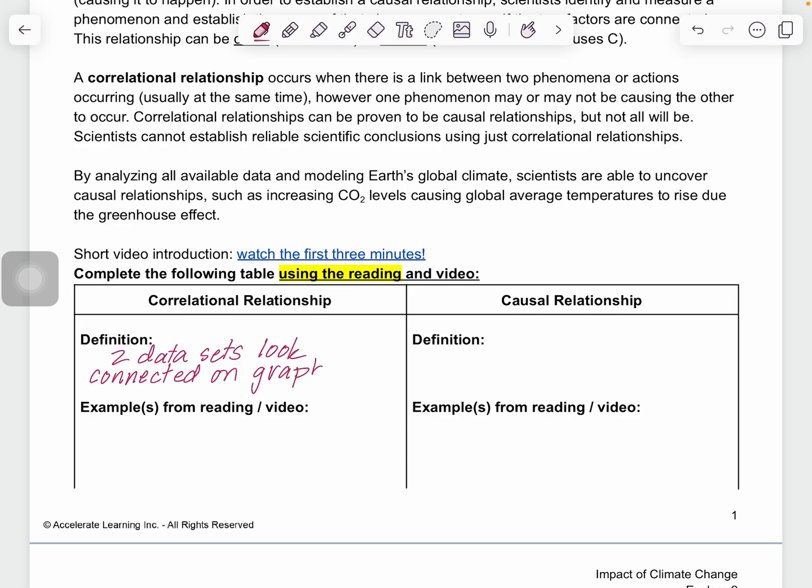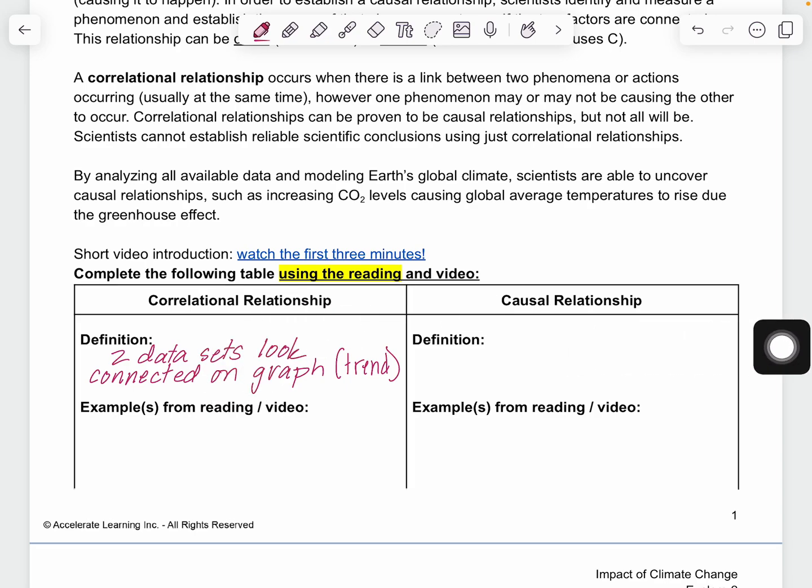Almost all of our data is really going to be correlational because we're going to see a trend. If I see an increase or a decrease, if I see a trend happening, I already know there has to be a relationship. They're connected somehow. The next step would be for it to then be a causal relationship. So a correlational, I already know it's there.